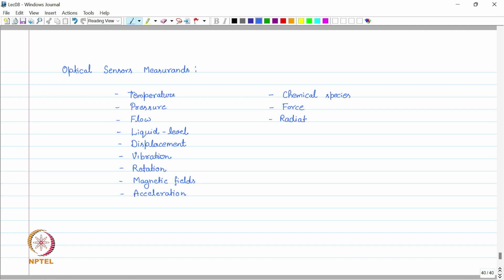Radiation, pH, pH of a liquid, humidity, strain, velocity, electric fields, and in fact we can measure the acoustic fields as well.